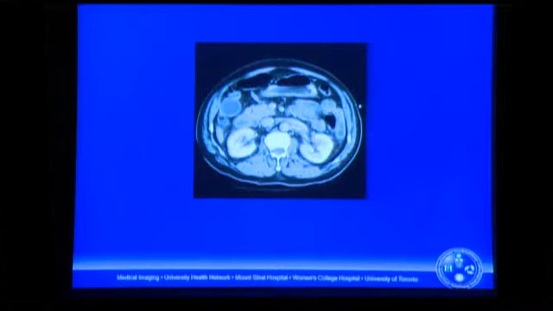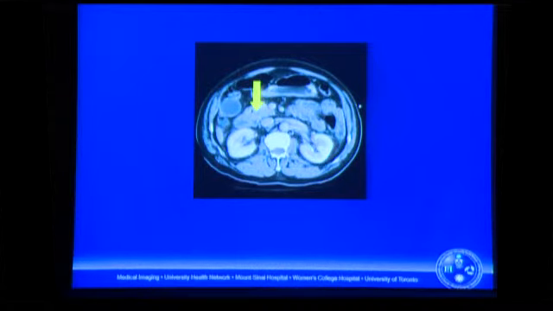And here's an example. We thought there was a stone on ultrasound. We couldn't quite evaluate the level of obstruction well, and here is the level of obstruction on CT, and we see some high attenuation at the level of obstruction, but this is an enhanced CT image.